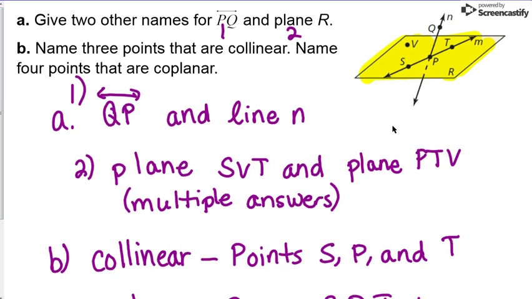I did skip one here, and it said name plane R from letter A, and that was plane SVT and plane PTV. So those are just 3 points that are on that plane, and obviously there's multiple answers here.